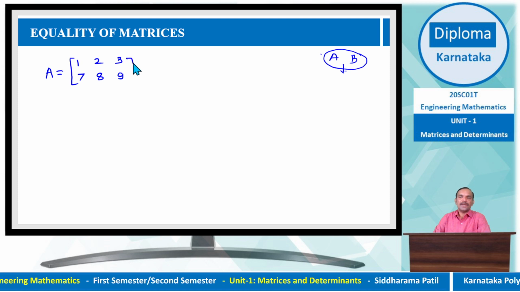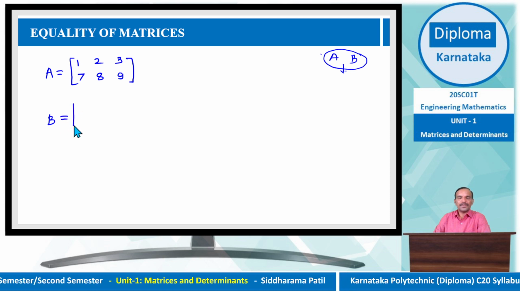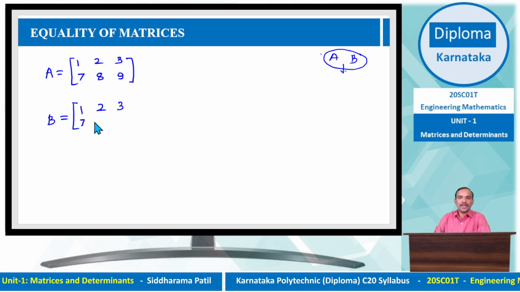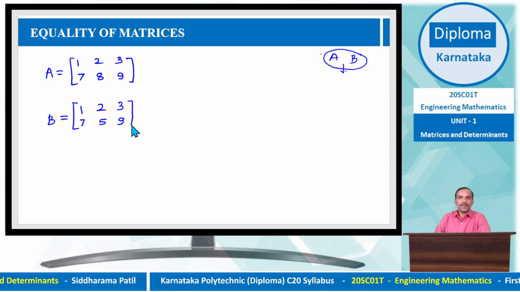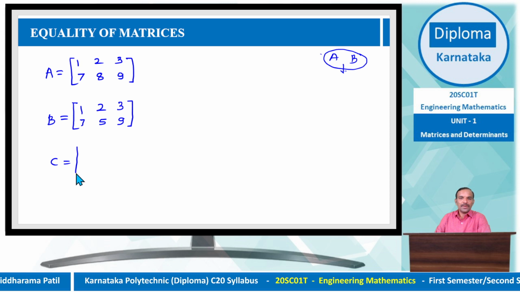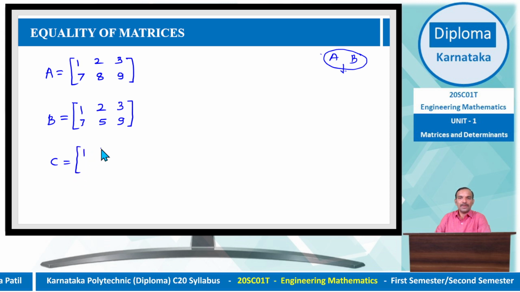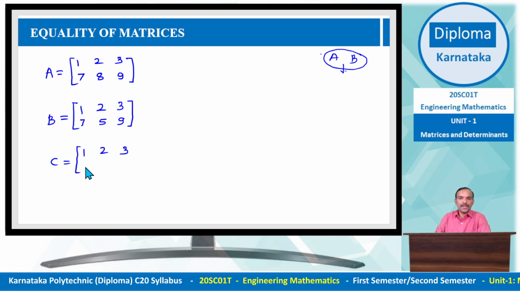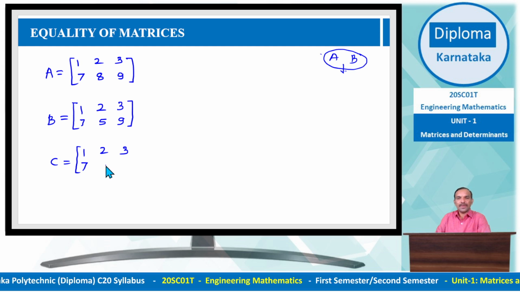Another matrix B: 1, 2, 3, 7, 5, 9. Third matrix C: 1, 2, 3, 7, 8, 9.